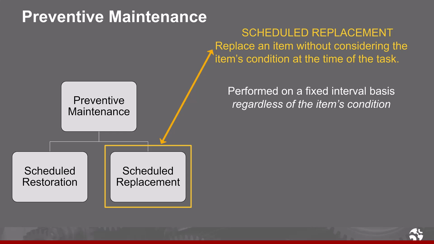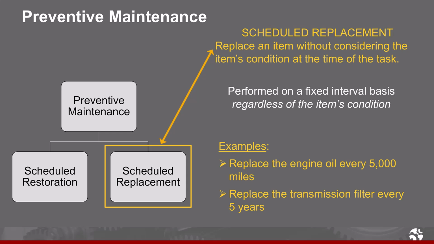In other words, you go in and replace the item without any kind of inspection first. An example could be replace the engine oil every 5,000 miles and replace the transmission filter every 5 years. These tasks are accomplished on a scheduled basis without taking the condition of the item into account.